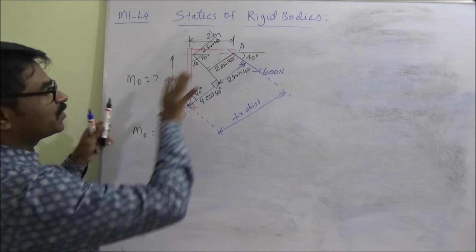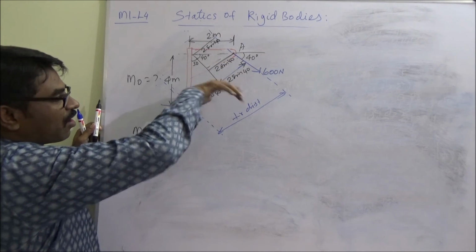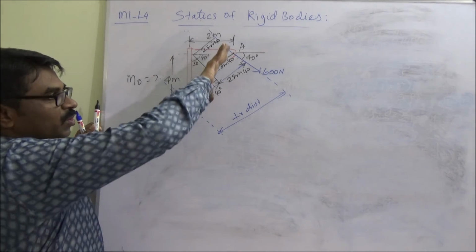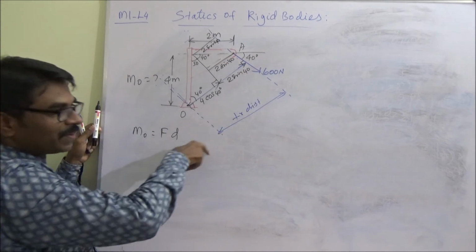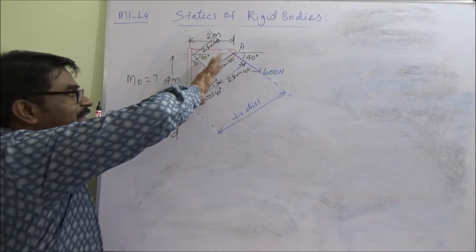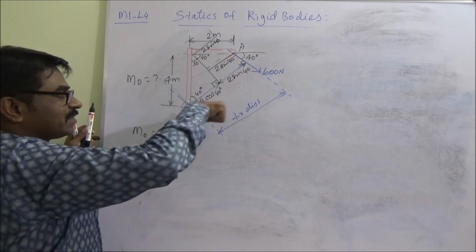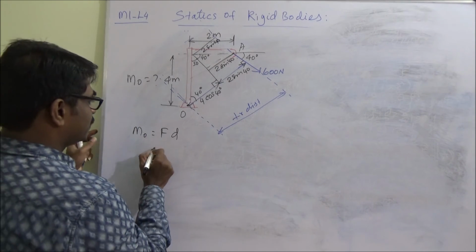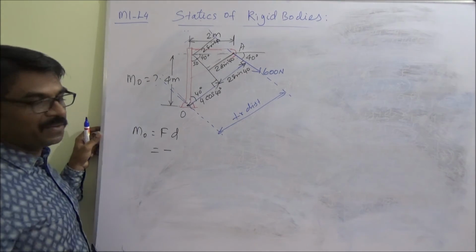Understood? And this force is producing a clockwise moment about O. You see the arrow? It is rotating the body clockwise. So it is going inside. So conventionally we use negative.